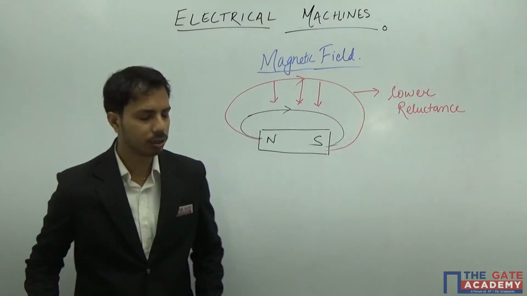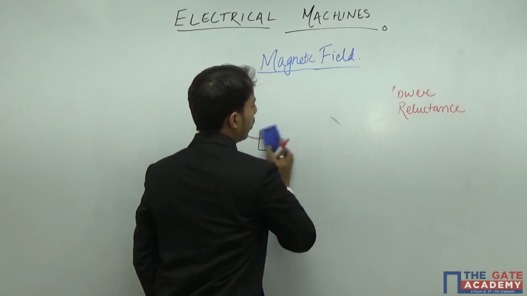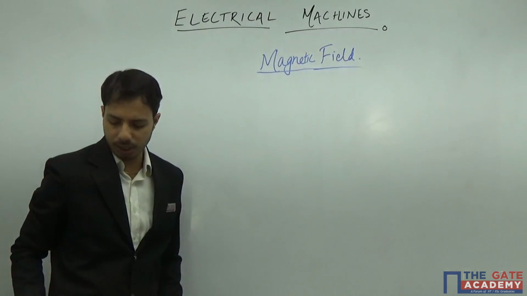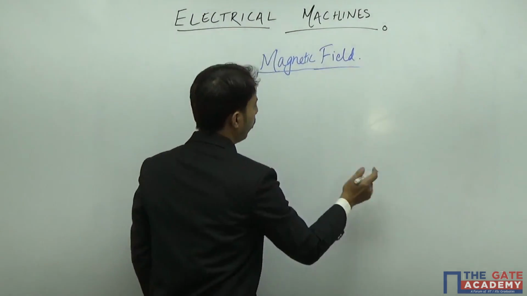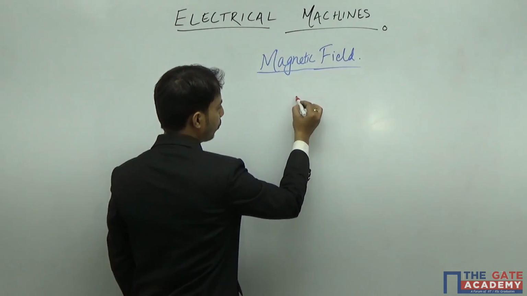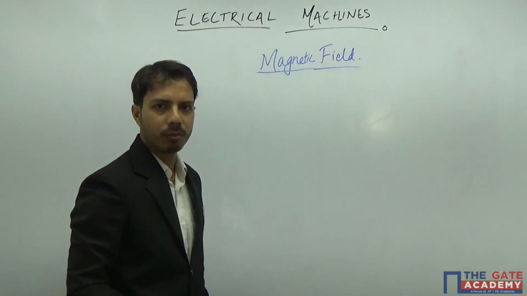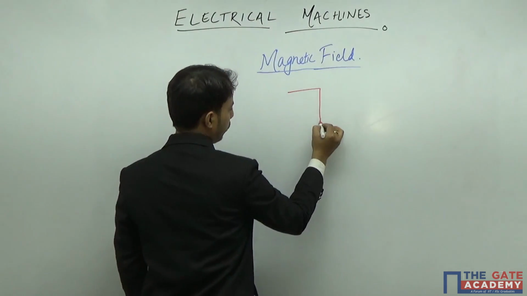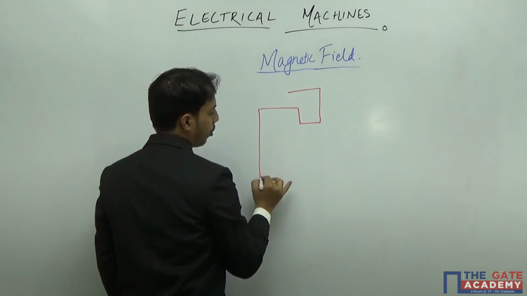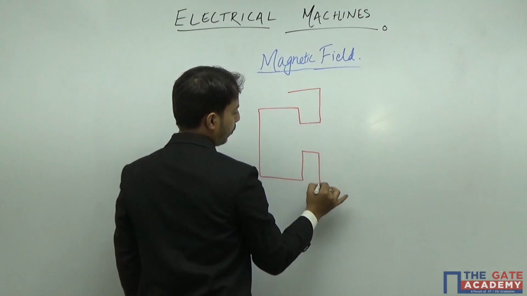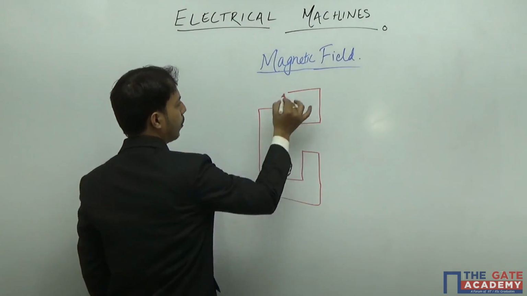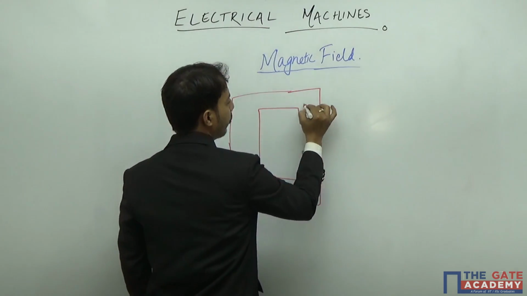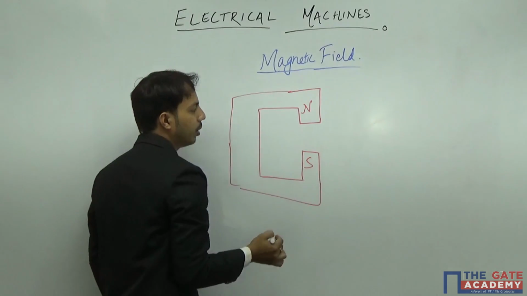We have used this particular theory to derive an electrical reluctance motor, which is, suppose we have an electromagnet. Due to the electromagnet, say we have created a north pole and south pole here.